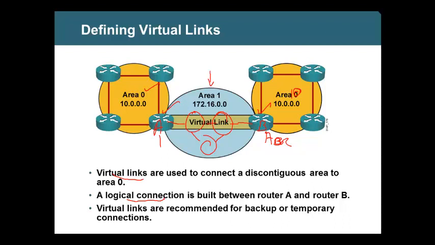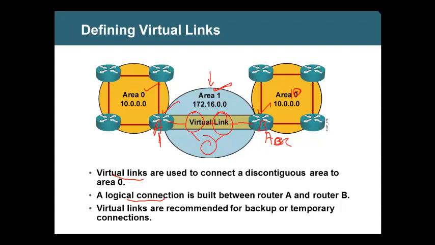So we are going to negotiate a tunnel between A and B over area 1. Please understand. If you understand this, there won't be any confusion when you configure. We are going to negotiate a tunnel between A and B over area 1 using OSPF.